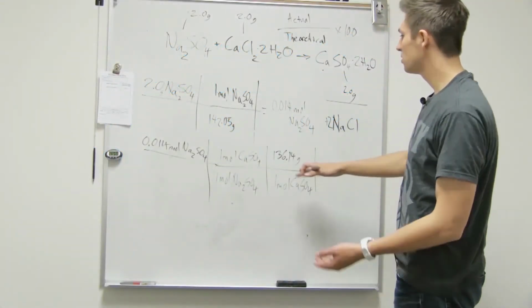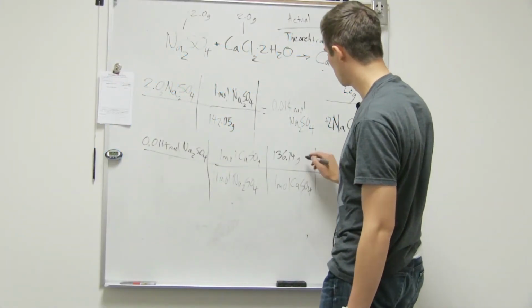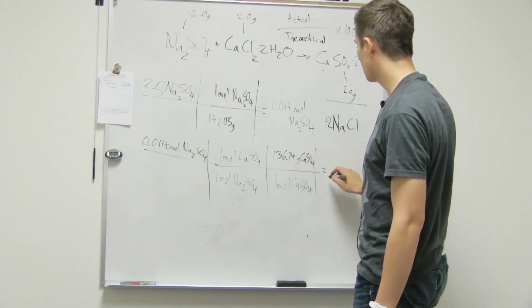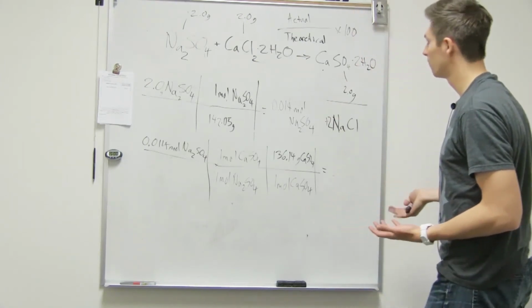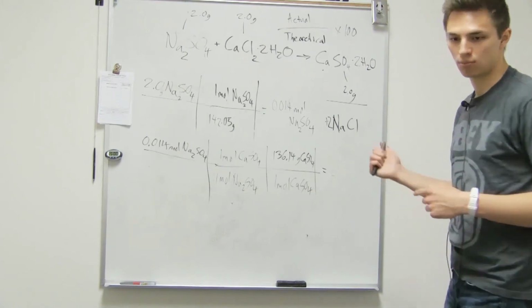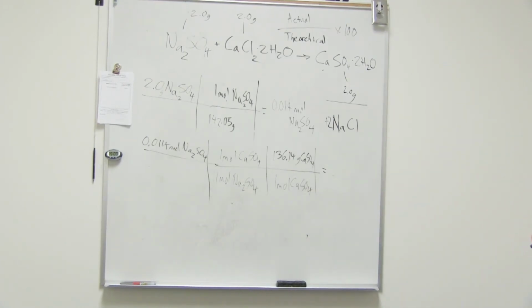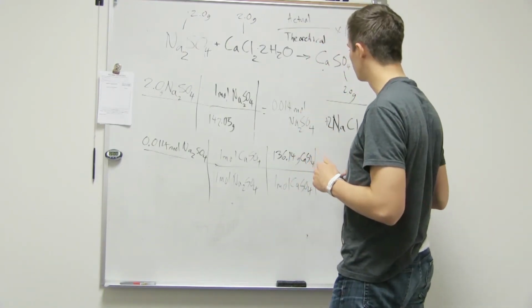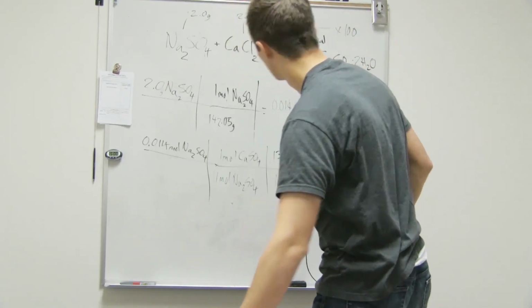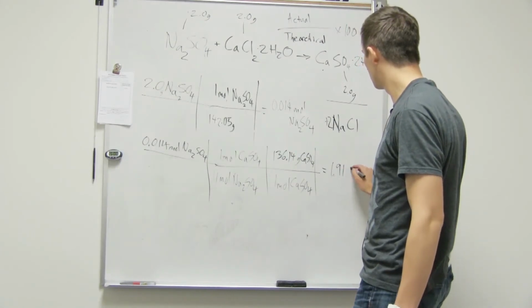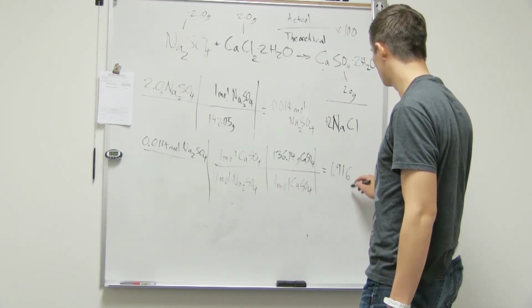So now when we do the math, we get how many grams we theoretically should have, given what we've been given. 1.916 grams CaSO4.